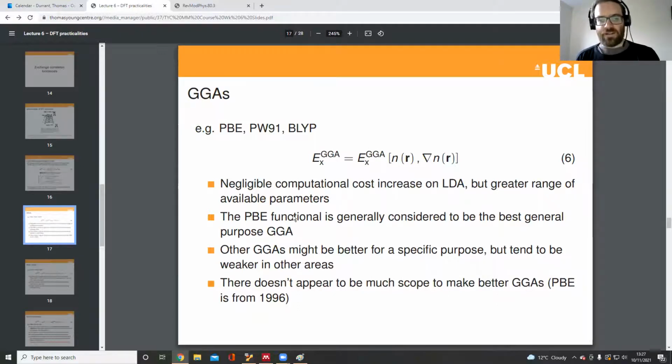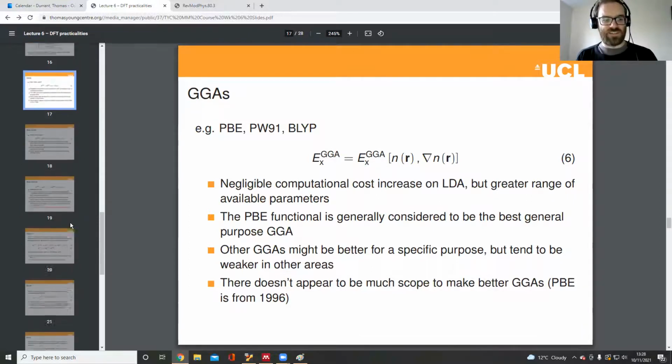And there isn't at the moment much hope of producing a general purpose GGA that's much better than PBE, although people have put a lot of effort into trying. So PBE is from 1996. In the past 20, 25 years, no one's really succeeded in making a GGA that's clearly an improvement on PBE, generally speaking.